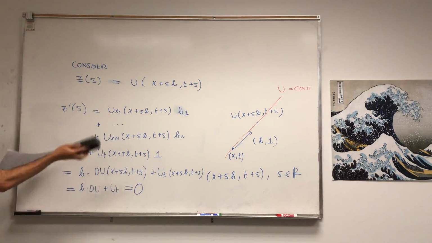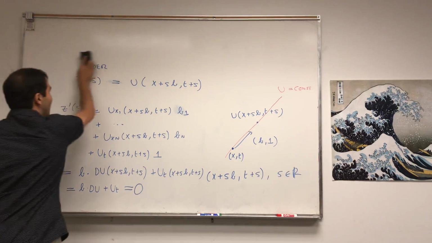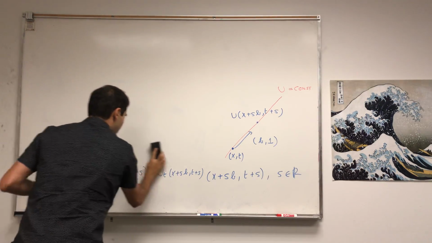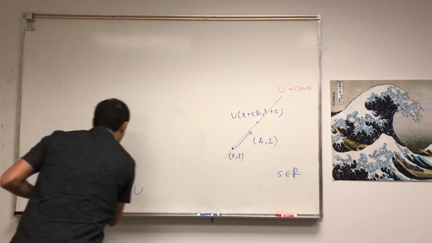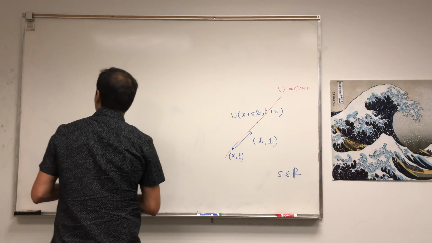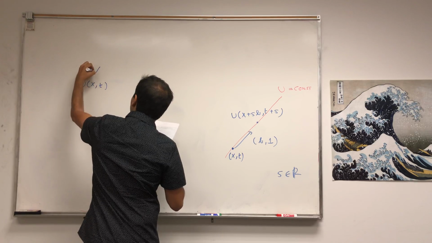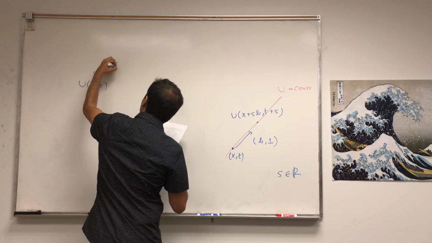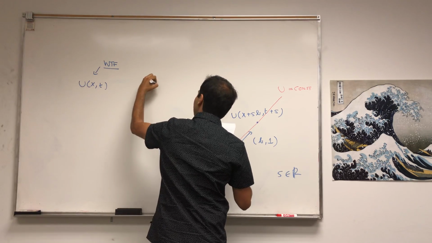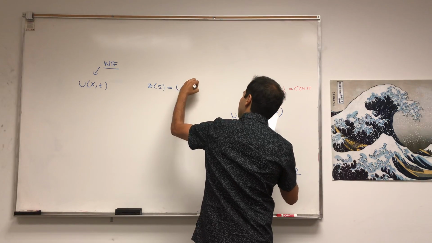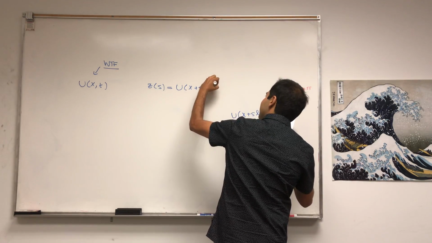And we're almost done. You might say, how is that useful? Well, now we have two things. Consider u of x,t, what we want to find. And on the other hand, we have z of s, that's u of x plus sb, t plus s.